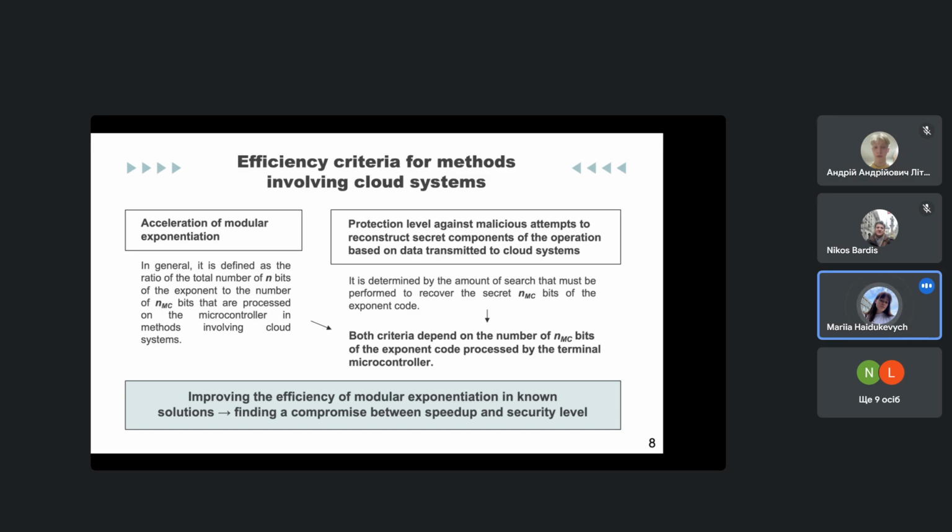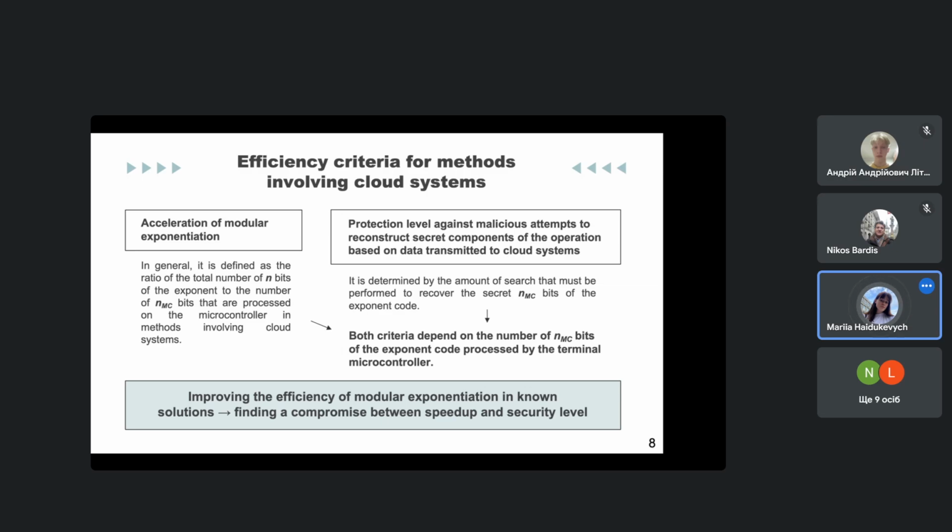The first of the criteria is generally determined by the ratio of the total number of n bits of the exponent to the number of n_MC bits that are processed on the microcontroller in methods involving cloud systems. The second criterion is determined by the volume of the search that must be carried out to restore the secret n_MC bits of the exponent code.